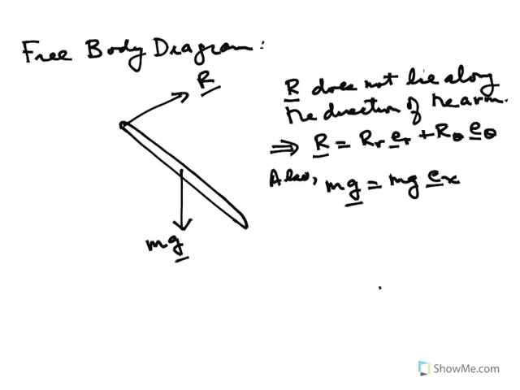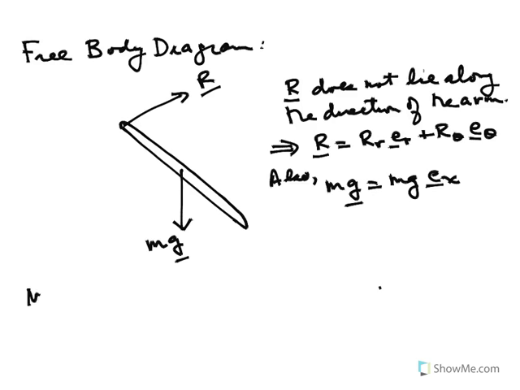Now we're going to do this using two different methods. The first one is going to use the center of mass as the reference, and then, just to show you how this works, because I said the center of mass is the preferred way to do this, we're also going to do this using the hinge point as the reference.